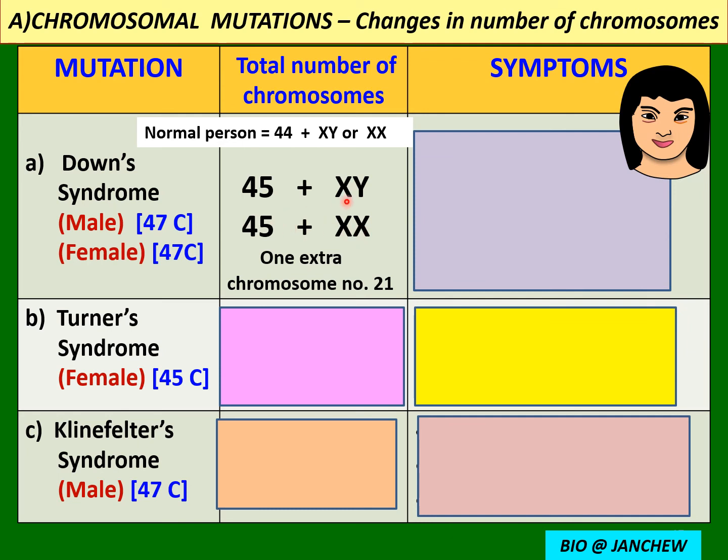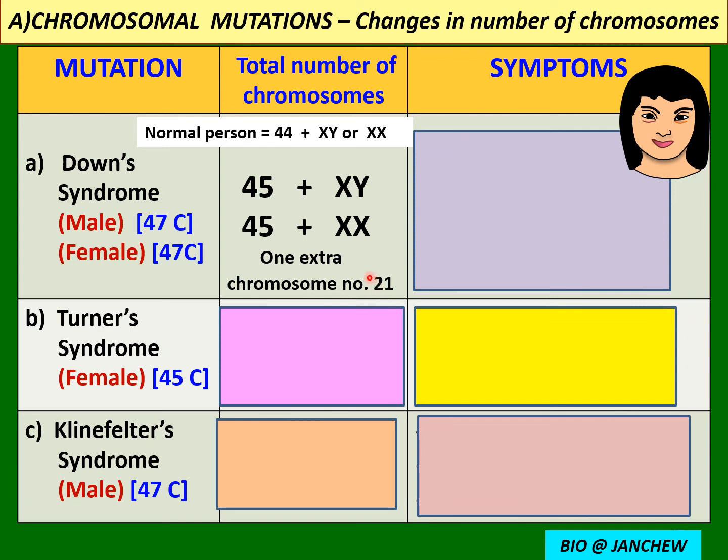For males, they are XY, and for females, XX. Looking at the autosomes, compared to a normal person there's one extra chromosome, an extra copy of chromosome number 21.